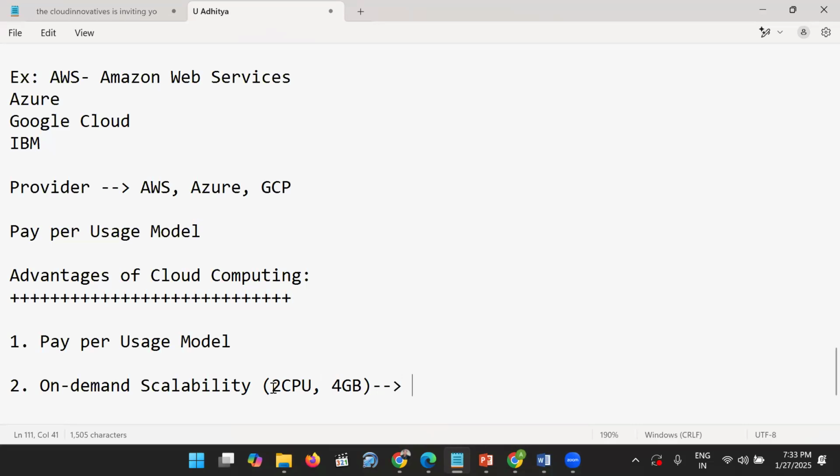We can scale up to 4 CPUs and more RAM. That is the scalability provided by the cloud platform.